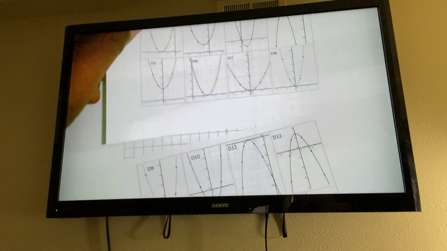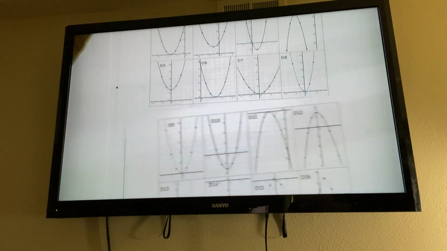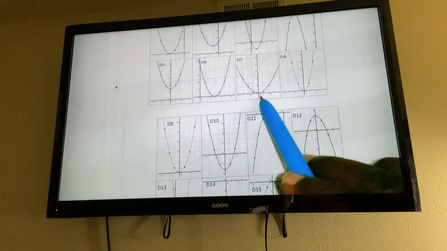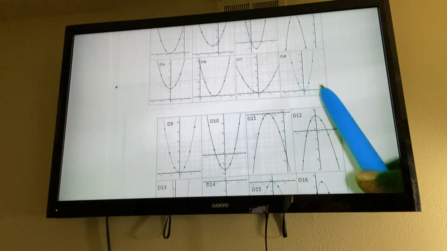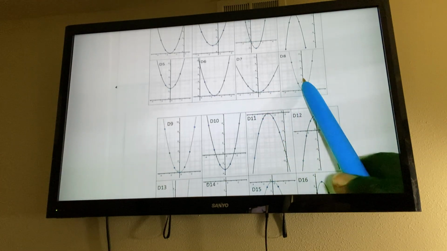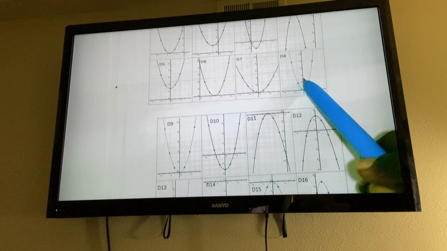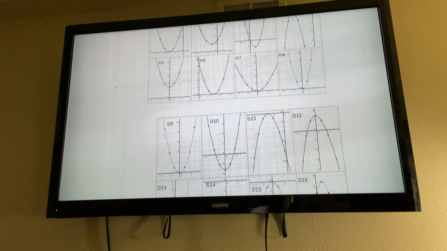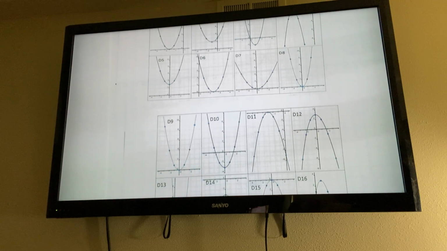We have different options here. Well, it could be this one, or it could be this one. Okay, and let us see. Well, let's plot some points to see, or it could be this one. So we have three options here. So let's see which one it is.